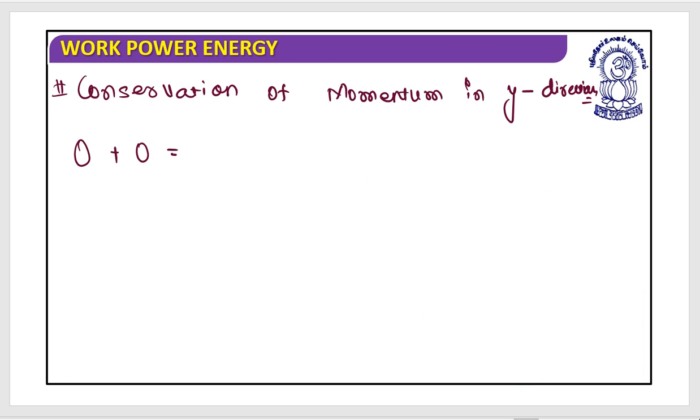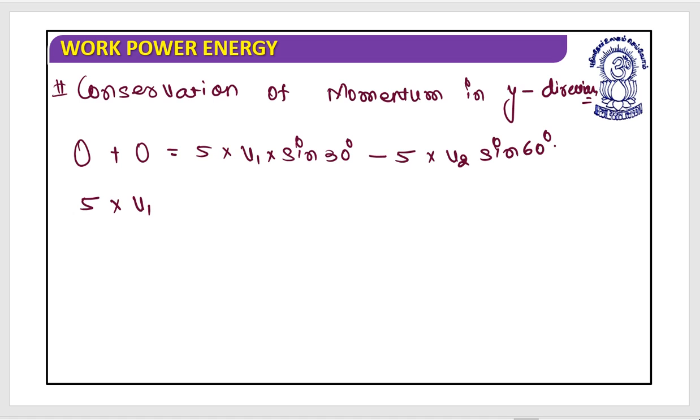So that would be equal to 5 into v1 into sine of 30 degrees minus 5 into v2 into sine of 60 degrees. So 5 into v1 into sine 30 should be equal to 5 into v2 into sine 60.